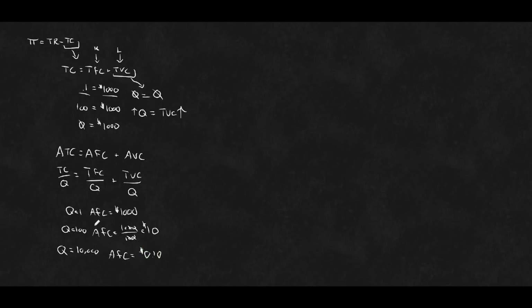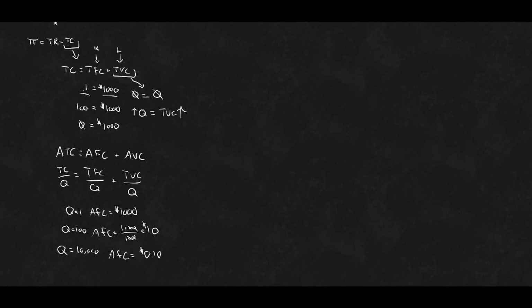So as our quantities grow, our fixed cost per unit is getting smaller, smaller, smaller. We would expect it to approach zero, but never actually reach zero at all.